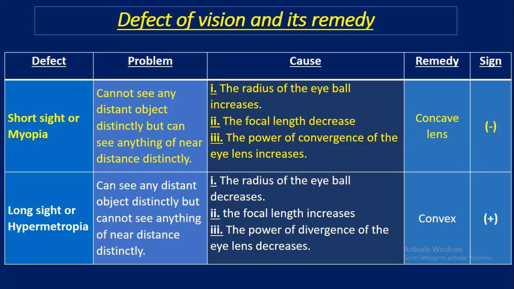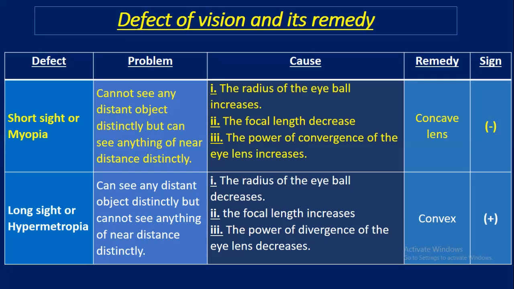And if we face the problem of hypermetropia, then the problem is we can see distant objects distinctly, but cannot see anything at near distance distinctly.